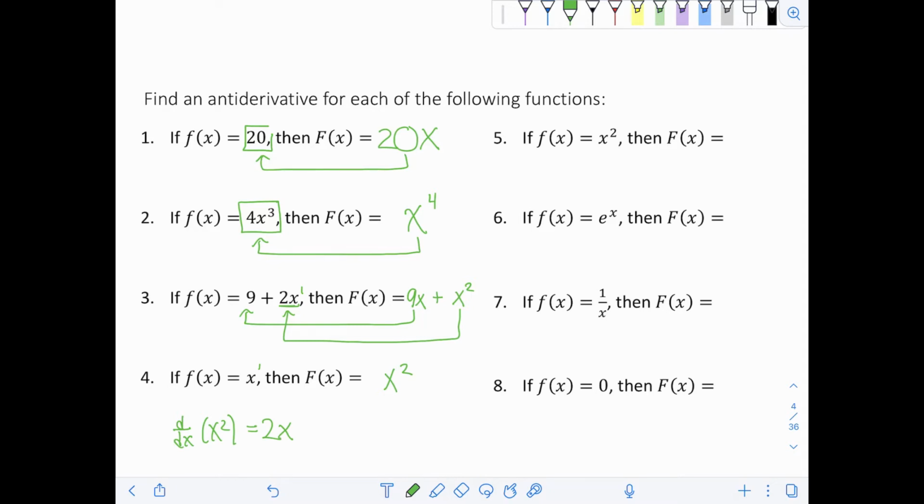But what I could do is I could actually put a 1/2 in front, and that would allow this 2 to sort of cancel out. So now if we check it, the derivative of 1/2 x squared, well, the derivative would be 1/2 times 2x, and then the 2's cancel, leaving just an x. So now it checks out. So we found the antiderivative.